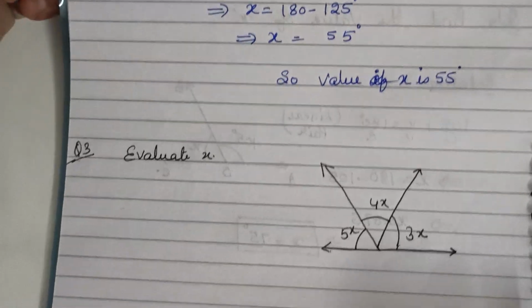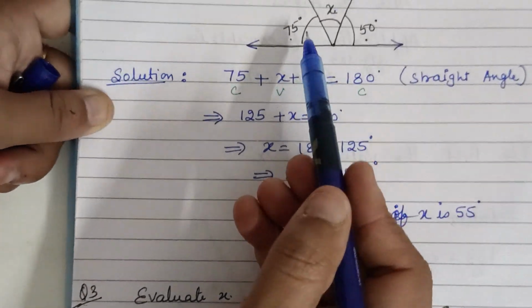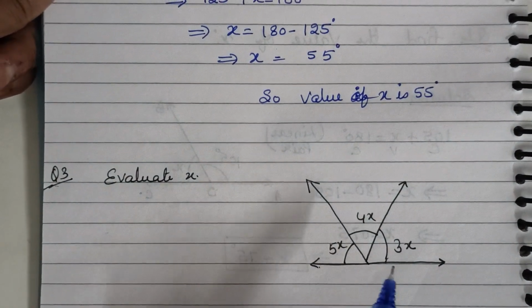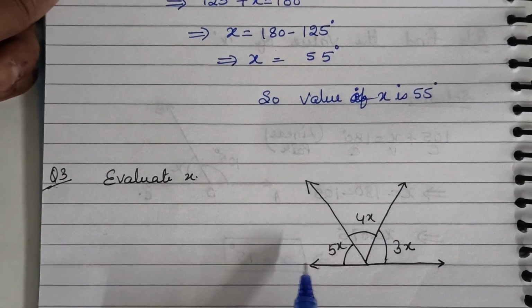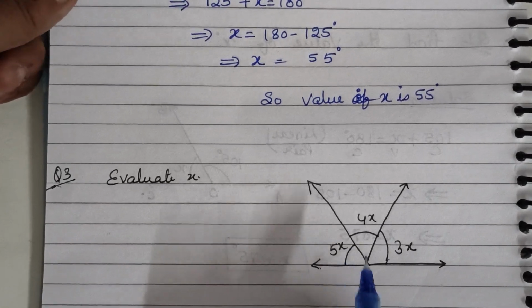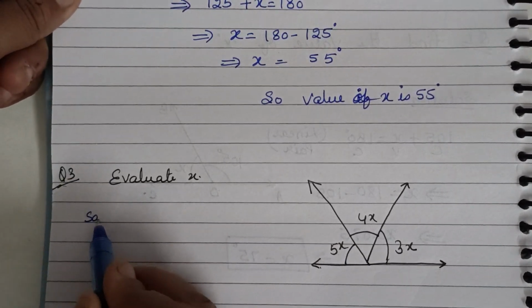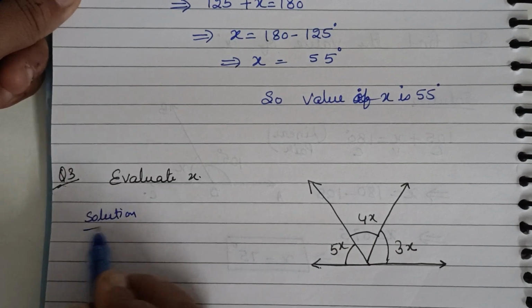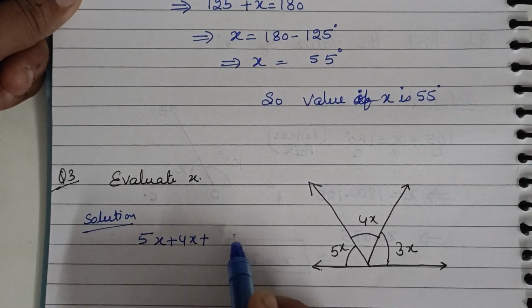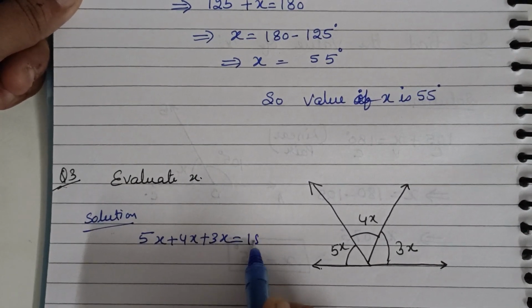Now we are moving to the next question. Almost this question and the previous question are exactly the same. The only thing is that here the equation will have only variable terms. So what will come here? The sum of all these three angles: 5x plus 4x plus 3x equals 180 degrees.